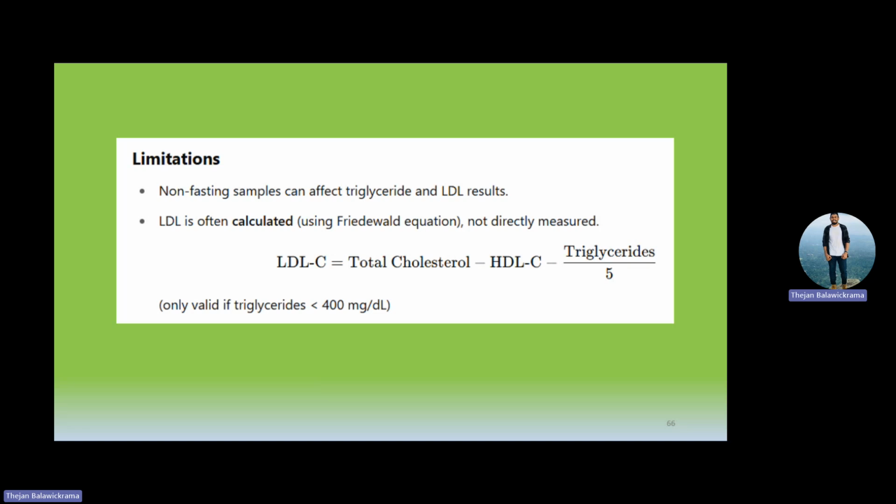Okay, right? Because total cholesterol is the addition of HDL, LDL and the triglyceride level. Then if we need to find out the LDL level, we have to subtract HDL and the triglyceride level. And there's a formula for that.